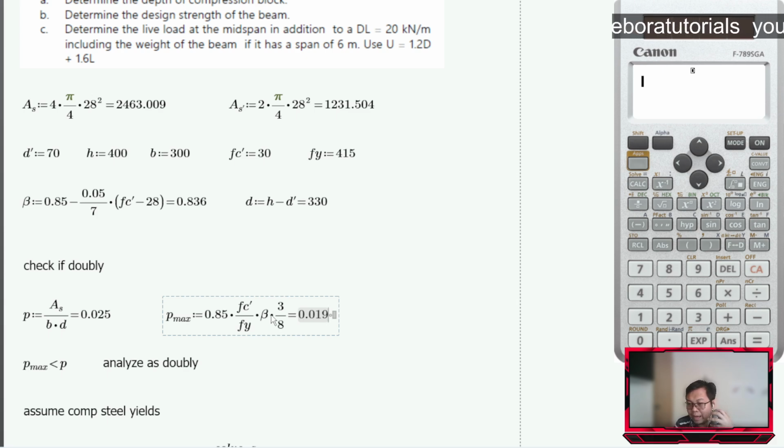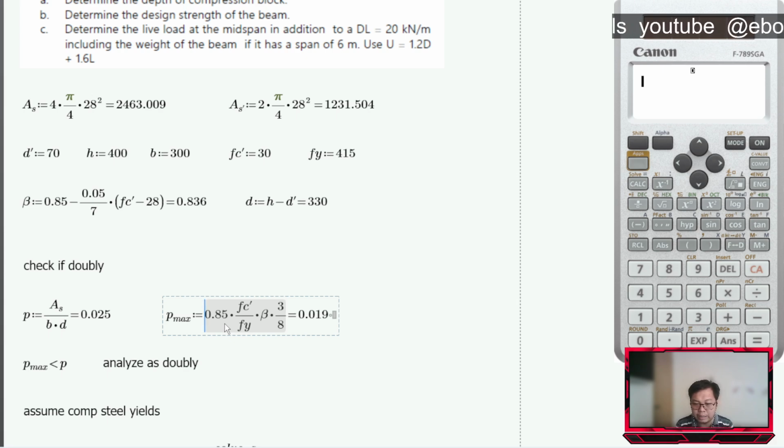But again I'll be honest, yung rho max supposedly is 3 over 7 for NSCP 2015, at 0.004 ang strain. However, sa inyo, it's best to assume rho max to be 3 over 8. Okay? And I believe ito din yung ginagamit ng instructor ninyo. Kasi if our strain is 0.004, we will have a problem sa flexure, yung reduction factor sa flexure, which is yung phi.